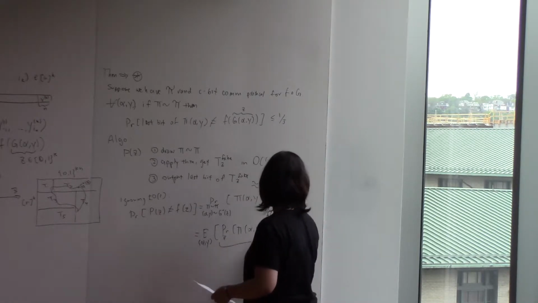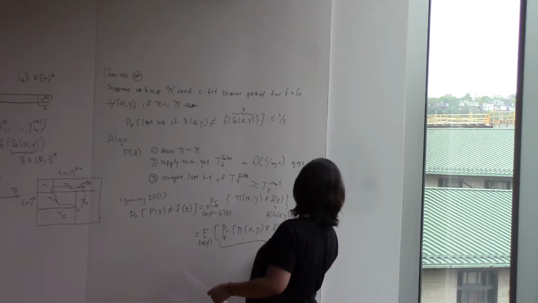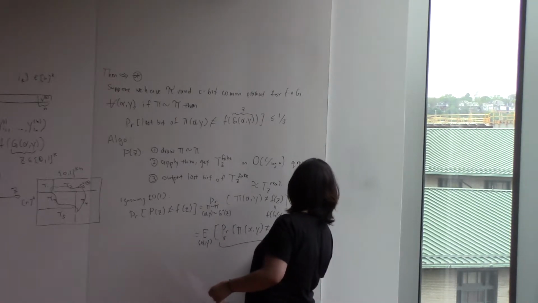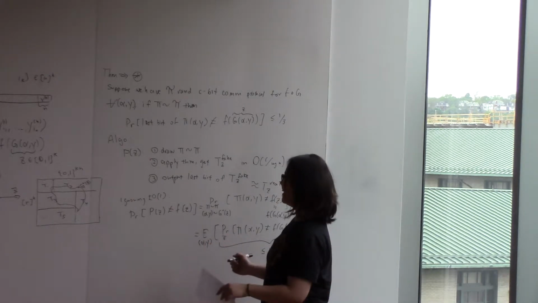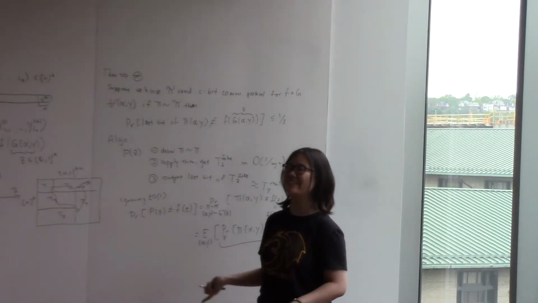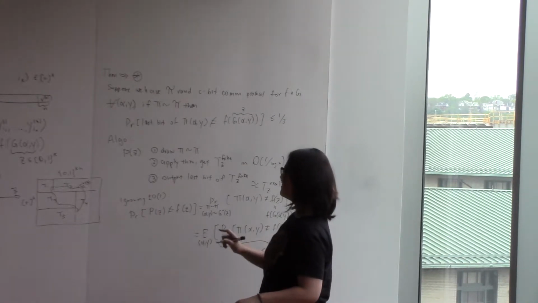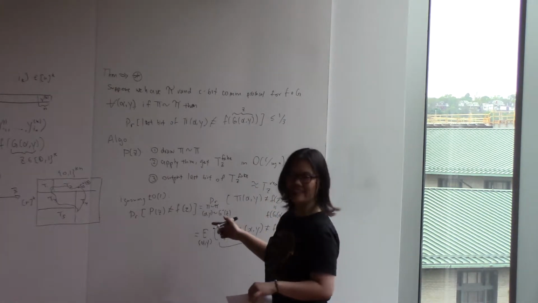And by that, we actually know this is going to be less than or equal to 1/3. Yeah. So that gives us a bounded error randomized decision tree that computes F.